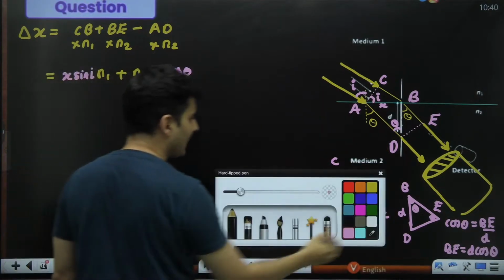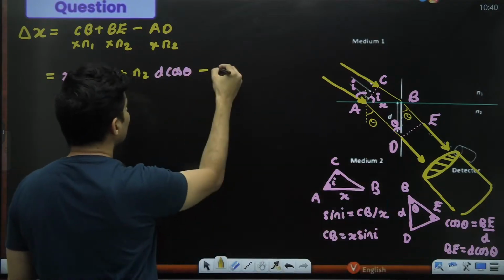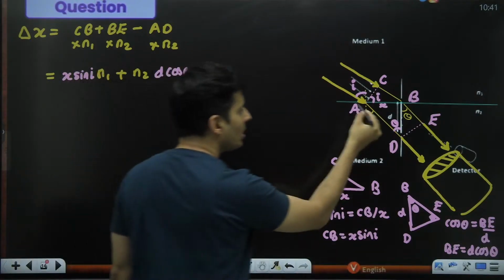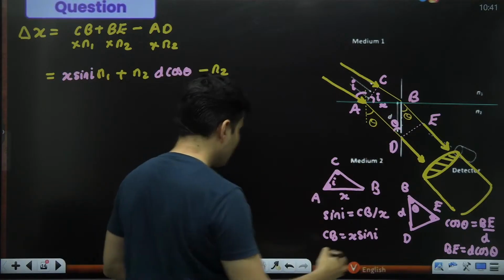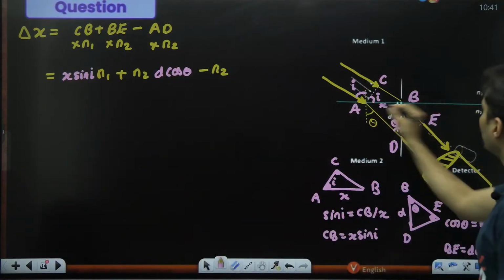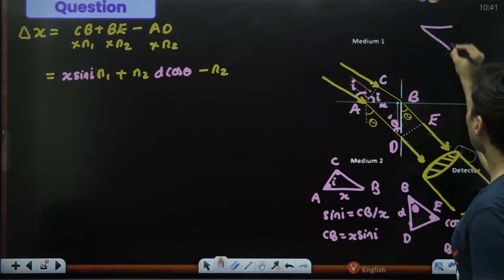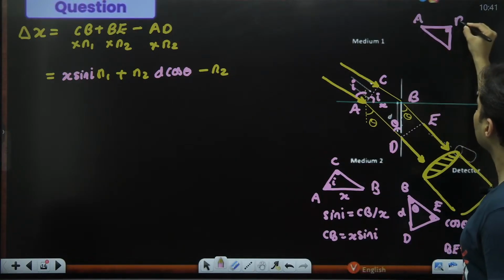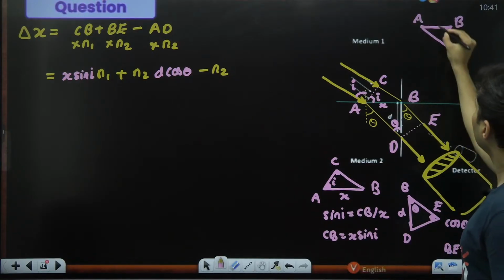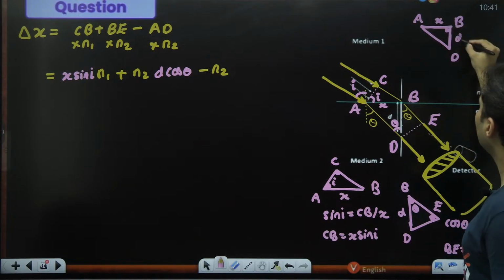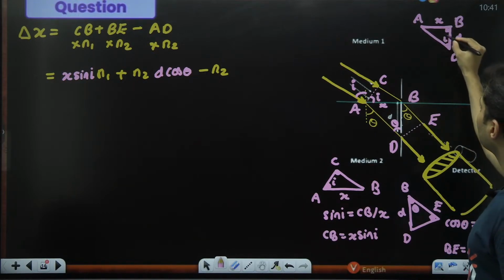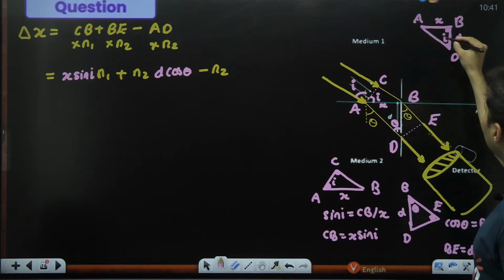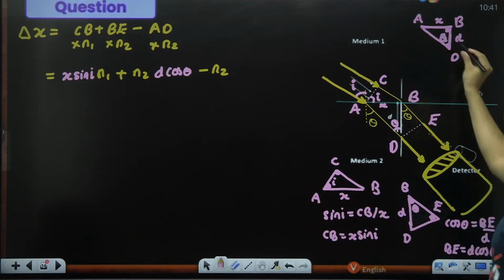Minus AD, and before that, multiply it with n2. What is this distance AD? Look at this particular triangle. This is A, this is B, this is D, this is x, this is d, and this is theta.